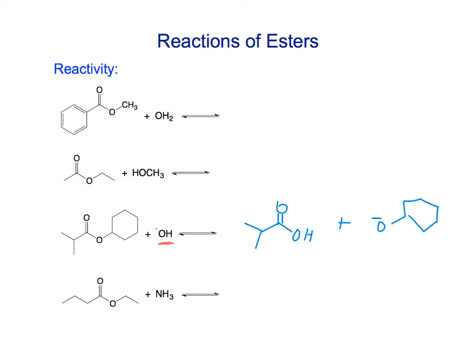It's just going to do an acid-base reaction from there, because carboxylic acid is a stronger acid than an alcohol is. Okay, so when we use it in basic conditions, we'll get the carboxylate anion, right?